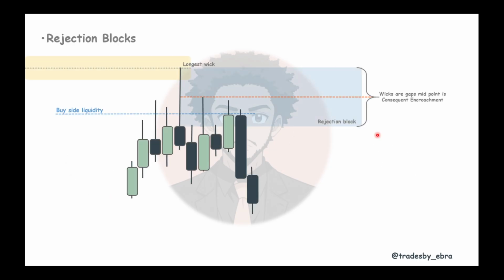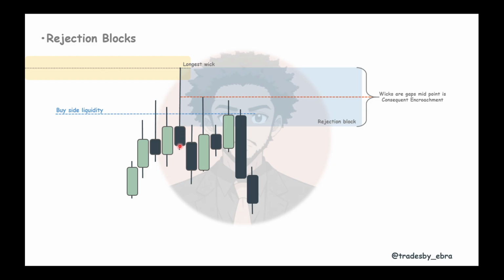For rejection blocks, we have many wicks like this, a back and forth market. But we may get a candle, for example with this example I made, striking, trading on average, then coming back and closing like this.